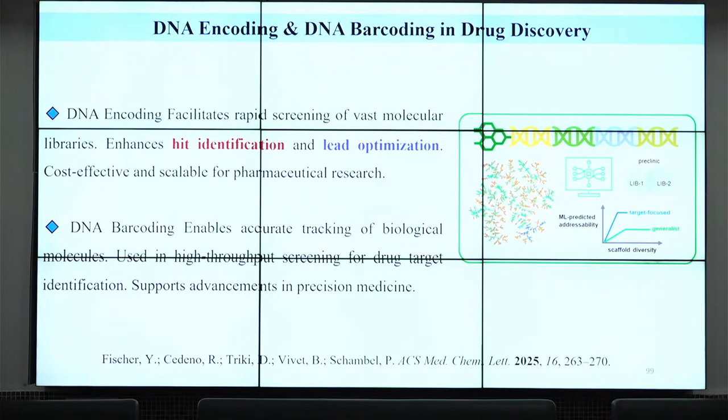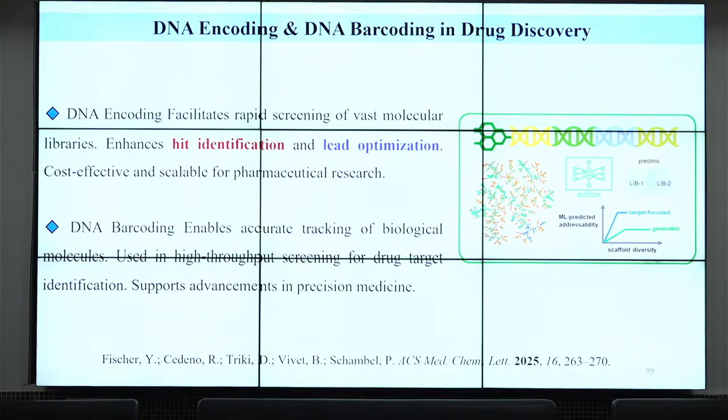It is used for high throughput screening and for drug target identification. It also supports the advancement of precision medicine. So once you tag the DNA with your small molecules, drug target identification will be very important. You can see where the binding is happening.